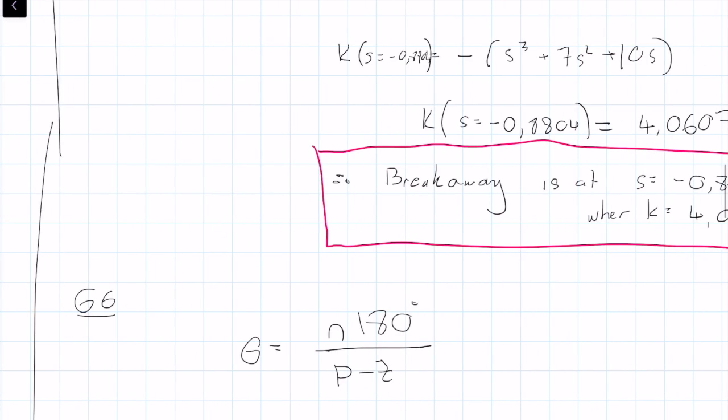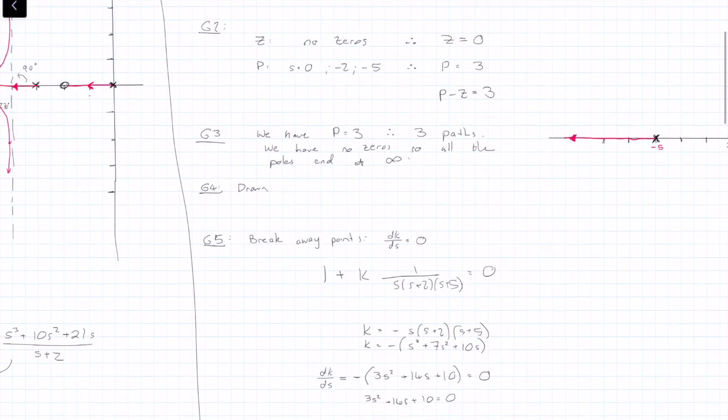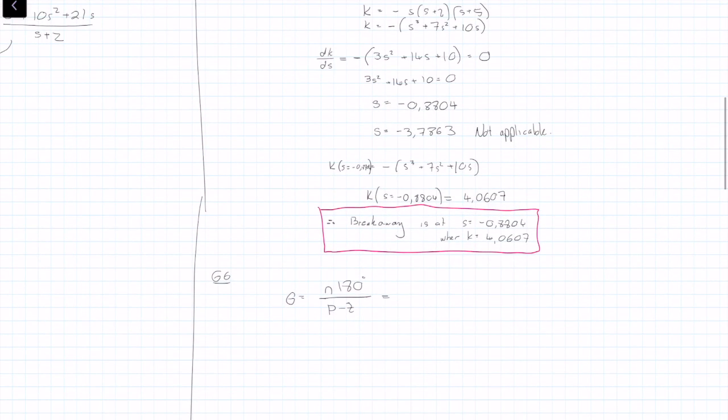Okay, and we know that p minus z came out as 3, so that's going to be n times 60 degrees, okay, where n equals plus or minus 1, plus or minus 3, and so on.